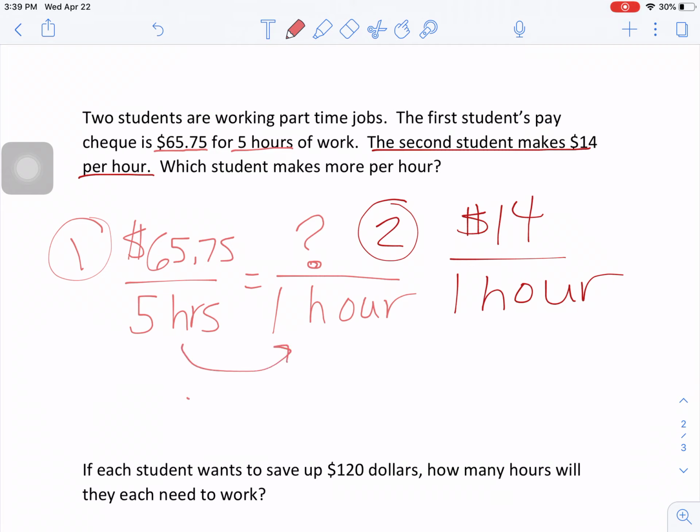We know the amount for 5 hours, so all we have to do is divide the amount they're making by 5 hours to get the pay per hour.